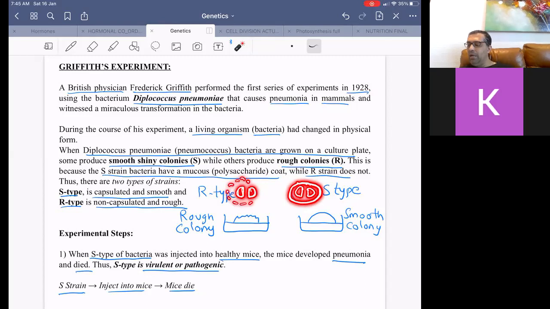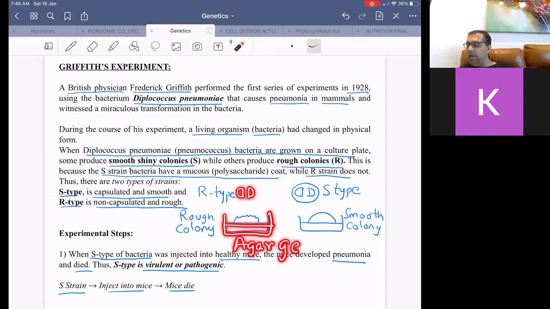There was no capsule, and the non-capsulated variety Griffith grew on agar solution or agar gel. On agar gel the non-capsulated variety grew, multiplied, and produced a rough colony. Rough colony, which is called the R-type bacteria.